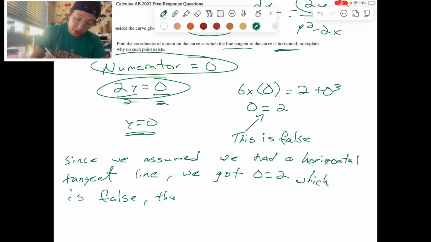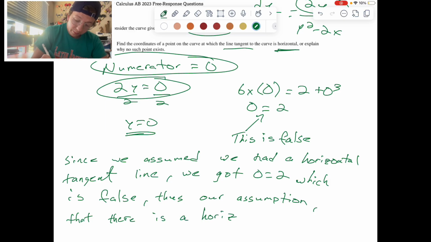Thus, our assumption that there is a horizontal tangent line is false.